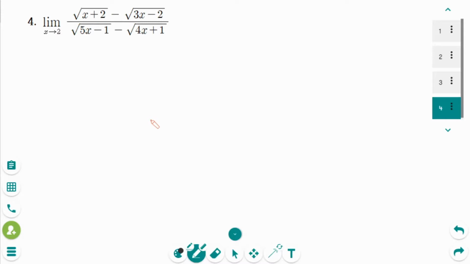We need to find the conjugate for the numerator and the denominator. The conjugate for the numerator is square root of x plus 2 plus square root of 3x minus 2 over square root of x plus 2 plus square root of 3x minus 2.